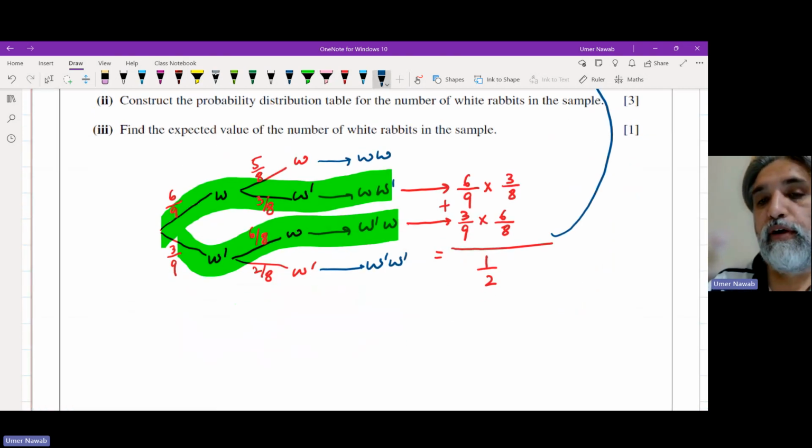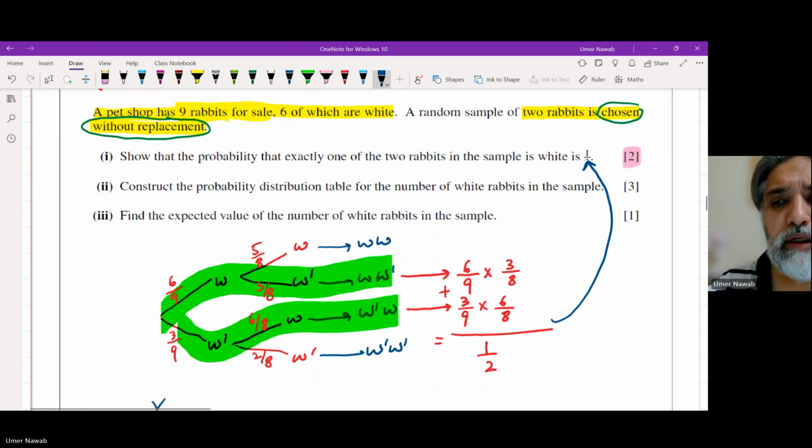First of all, you need to confirm all of the rabbits are different. Yes, all 9 rabbits are different. They are not similar at all. Now all the 9 things are different, that's why I'm going to apply the formula for combinations. I'm going to pick 2 rabbits from them, without replacement. I'm going to define the probability distribution.